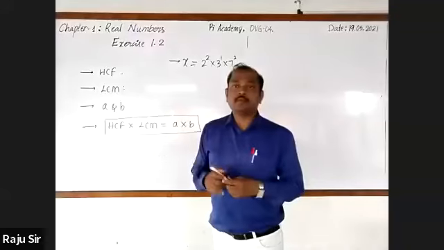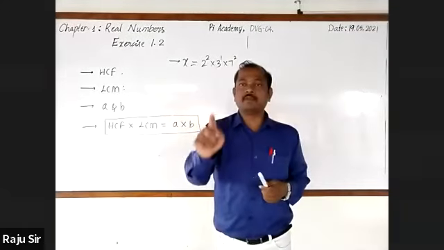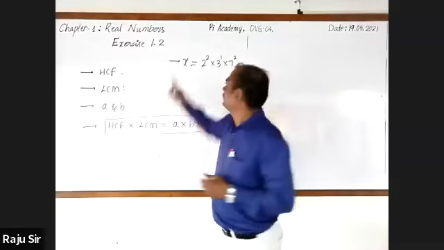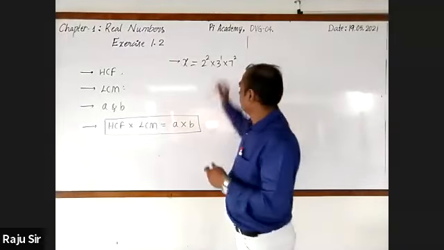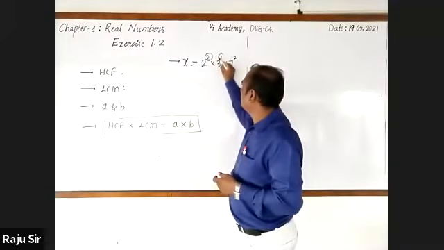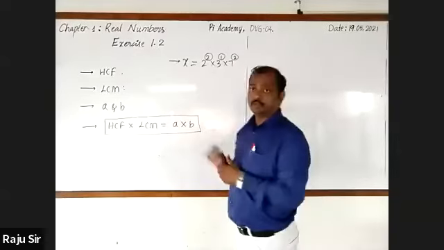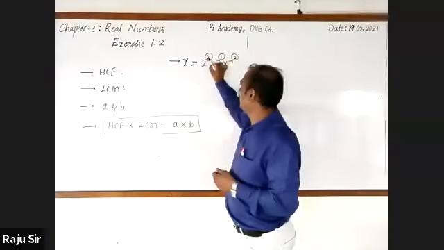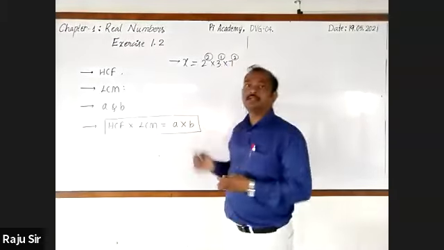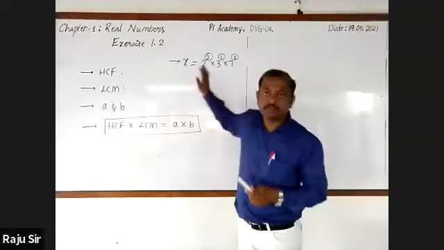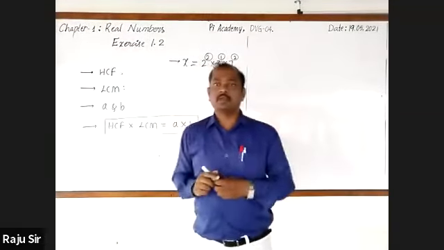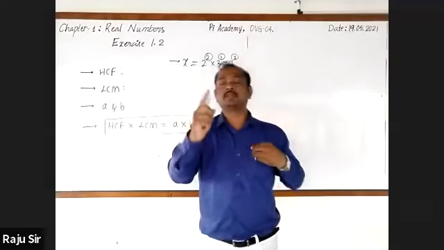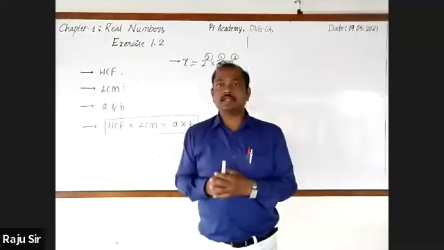Then we can find the sum of the powers of the prime factorization of this number X. The powers are 2, 1, and 2. Their sum, 2 plus 1 plus 2, is 5. This type of question was given in the examination for 1 mark, and the same type of question was also given in your yesterday's worksheet.